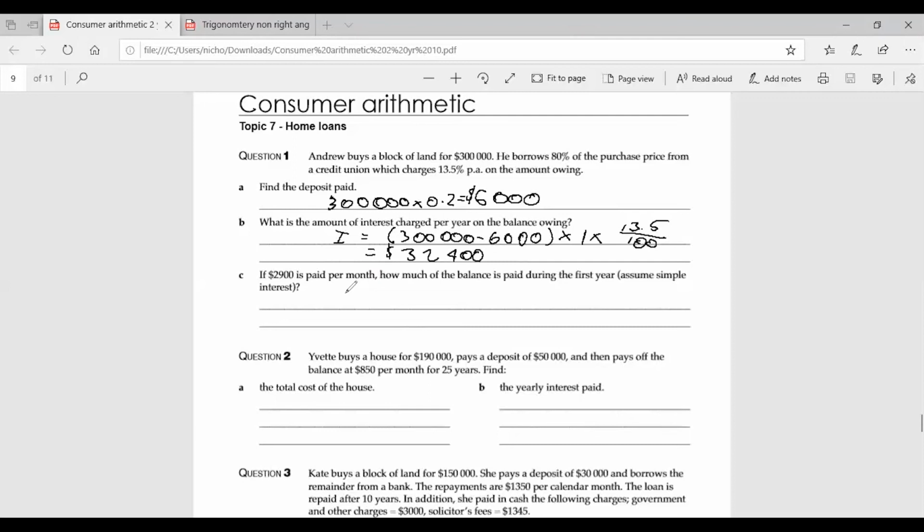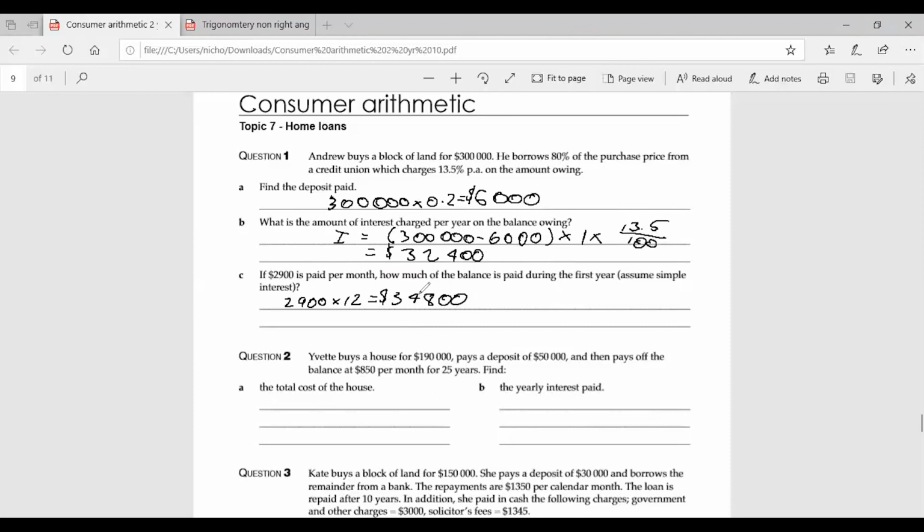So first of all, let's calculate how much he pays in a year, right? So how would we find that? 2,900 times 12. Perfect. And what does that equal to? 34,800.